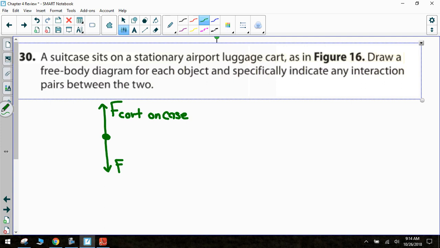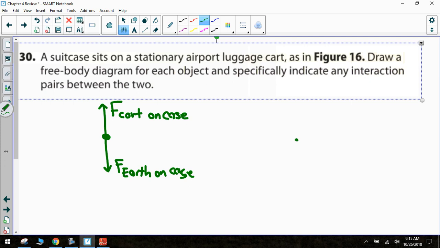The force of gravity, which we can also say is the force of the earth on the case, yes. So that's all we have for the case. Pretty simple for that, right? The cart is slightly more complicated, but not a lot more complicated.